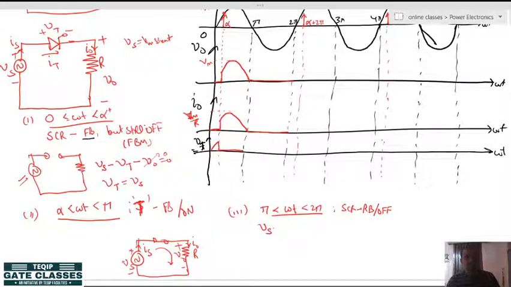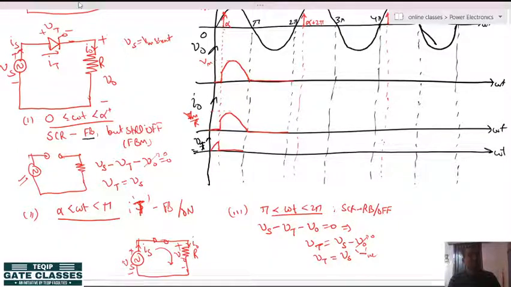and what is the voltage across thyristor, just write the KVL equations. We can write Vs minus Vt minus V naught equal to 0, implies that Vt equals Vs minus V naught, alright. Already V naught is 0, hence we can see that thyristor voltage will be equal to source voltage. But in this case, for pi to 2 pi, the Vs is negative, alright.